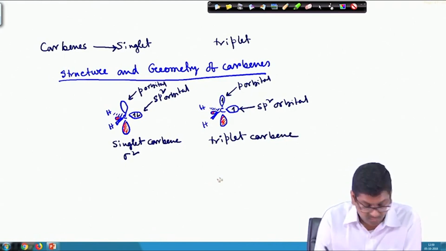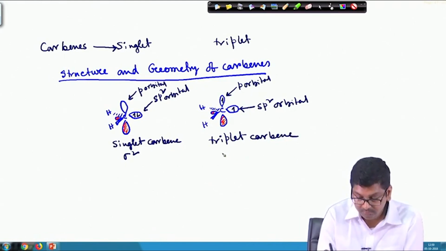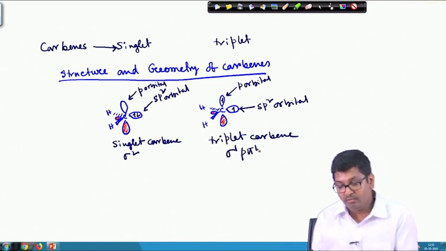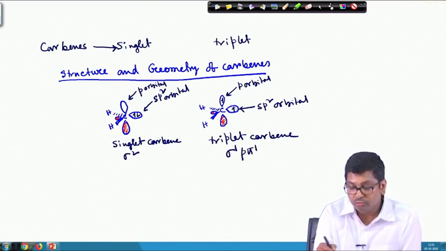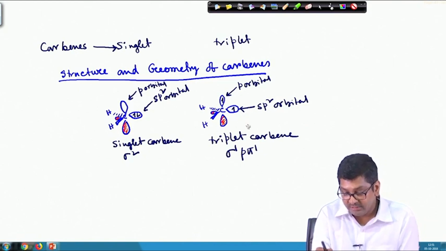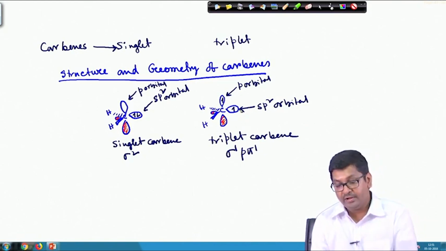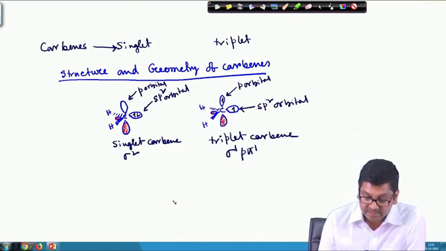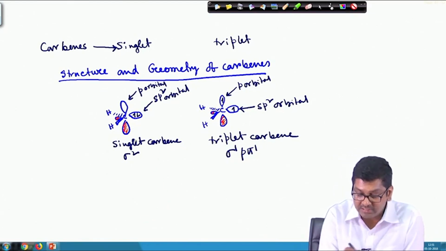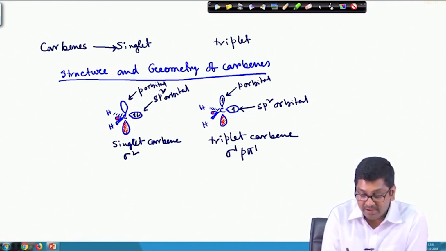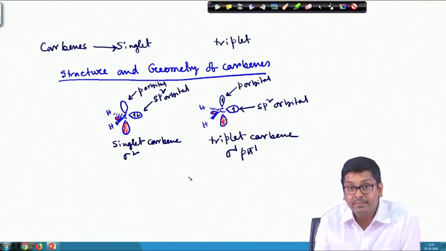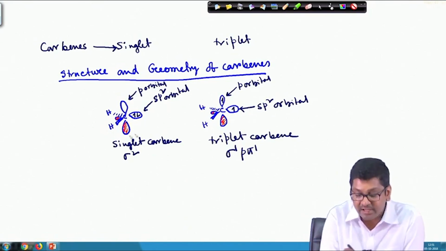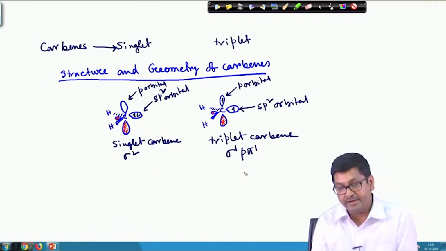This is sigma 1, p pi 1, you can call it, because both these electrons are occupying two different orbitals, and here they are occupying a single orbital. Here they are paired up, that is why they are called singlet, and if you go through the multiplicity calculation, that is why their names are singlet and triplet.